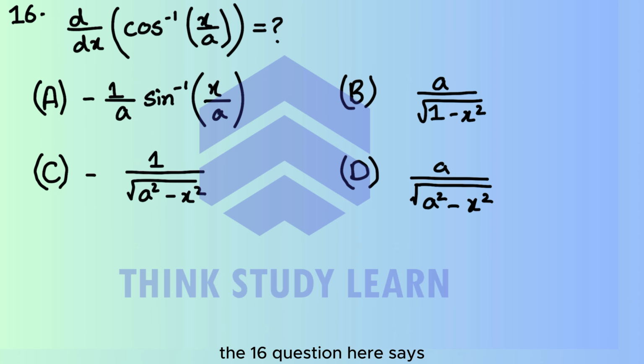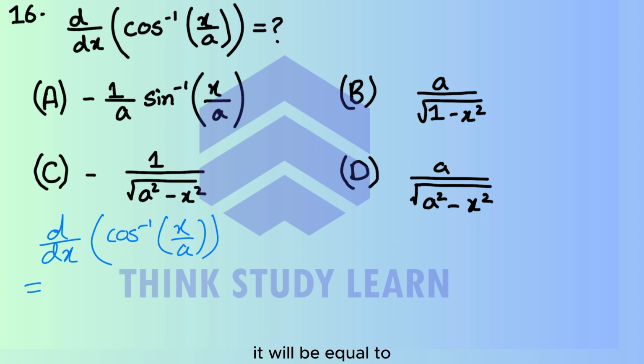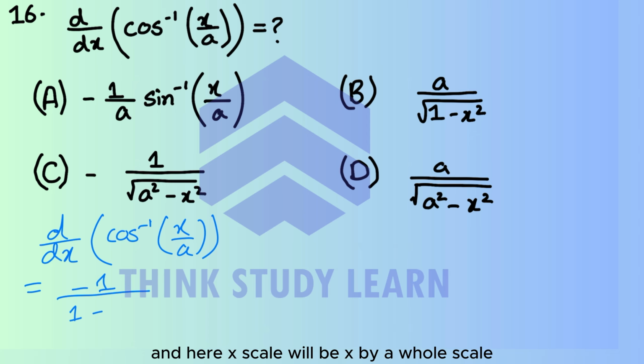The 16th question here states find the derivative of cos inverse x by a. So let's find out. d by dx of cos inverse x by a will be equal to, we know that by definition the derivative of inverse cos function will be minus 1 over square root of 1 minus x square, and here x square will be x by a whole square.